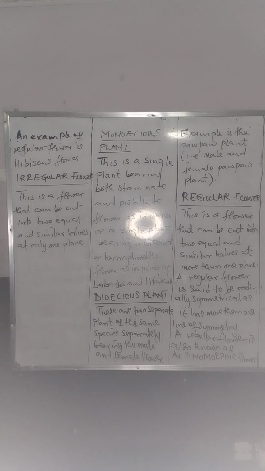Only one plane. So an irregular flower is often said to be bilaterally symmetrical. Why? As they have only one line of symmetry.